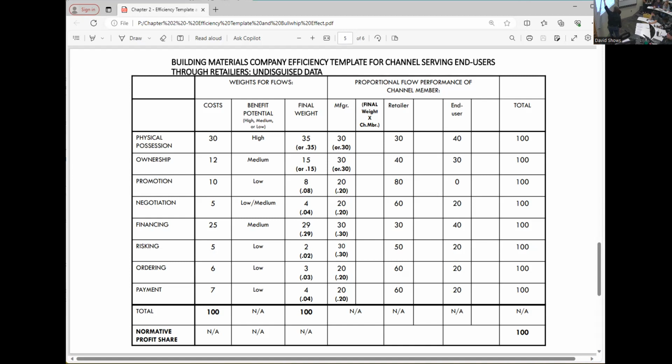The retailer takes on a substantial portion of all of the performance. And so naturally, yes, they should. Now, the end user, almost a third. If you're talking about the normative profit share, which of course means what each channel member should get, how does the end user get any money?